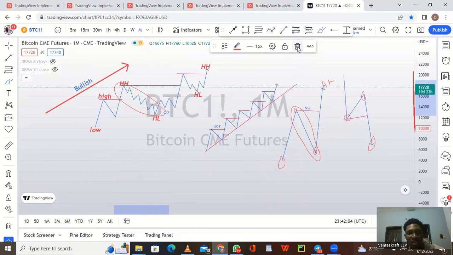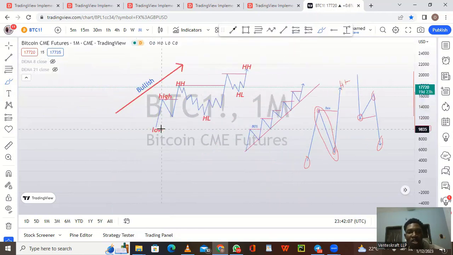It's a deep pullback. Now, you need to understand that before a market can actually change phase, there is something they call a shift in market structure or change of character, right?